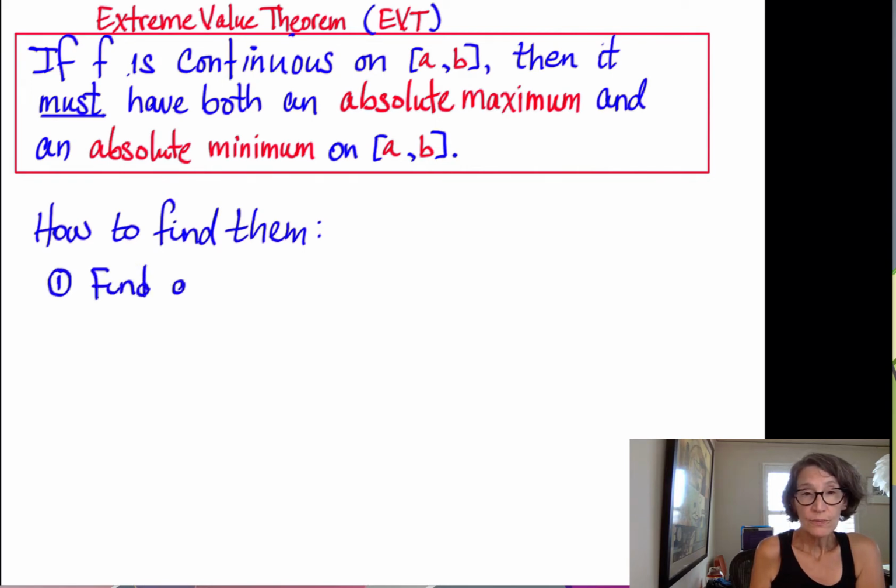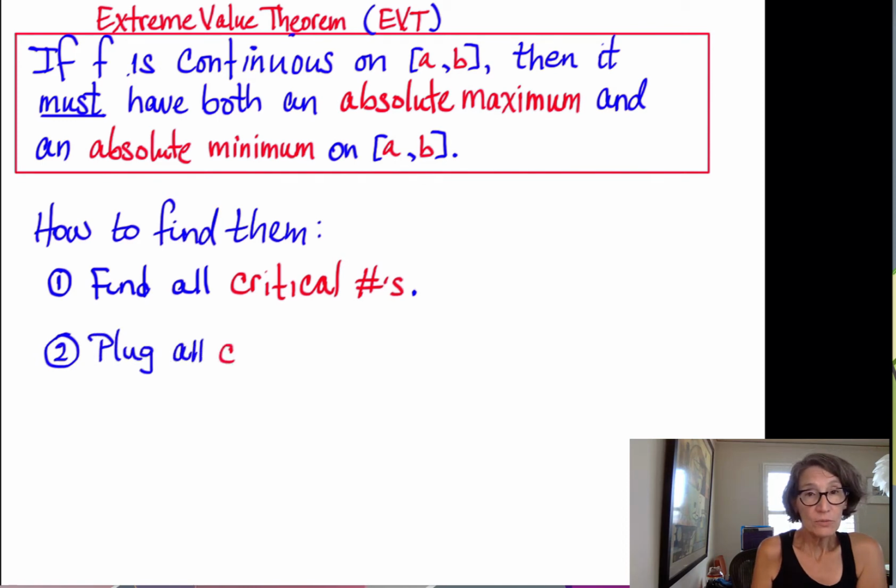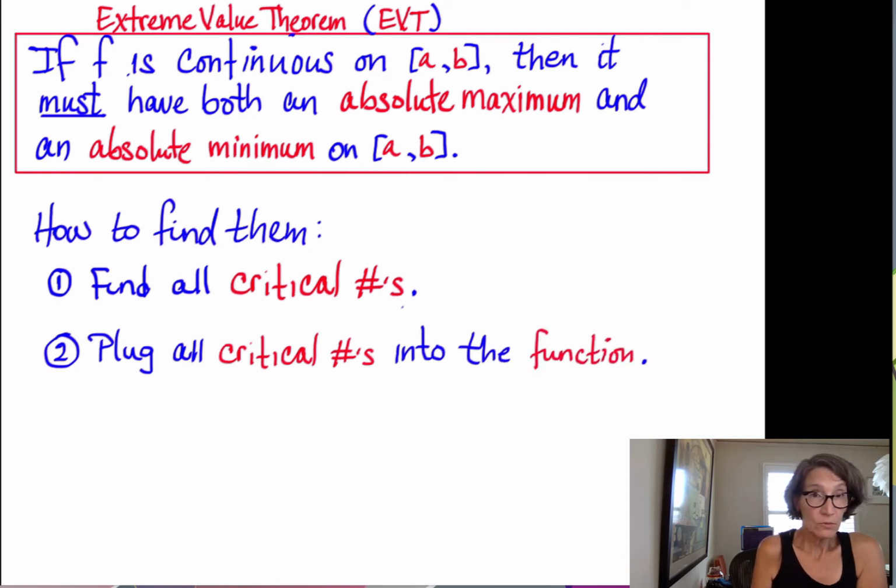So we first find all the critical numbers of the function. Remember, those are numbers in that interval where the derivative is either 0 or it doesn't exist. And then we're going to plug those numbers into the original function to see what the y values are.